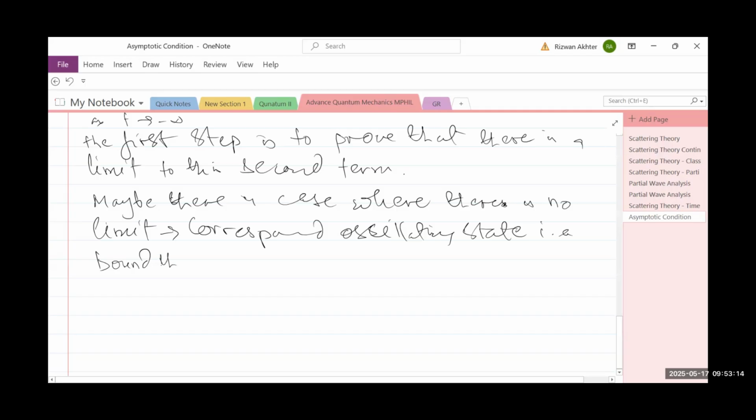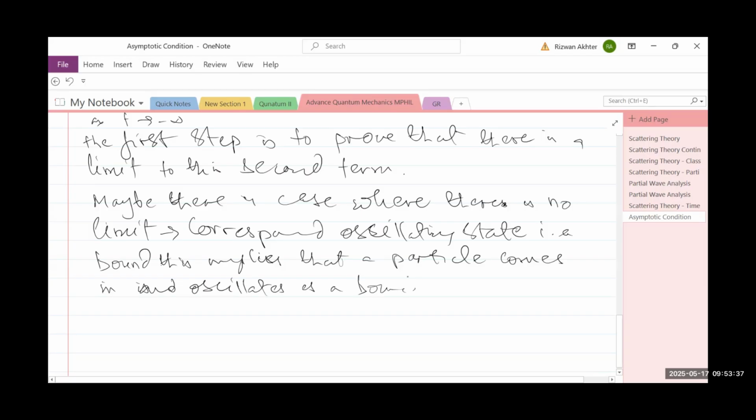So this implies that a particle comes in and oscillates as a bound state and never settles down to some limiting state.